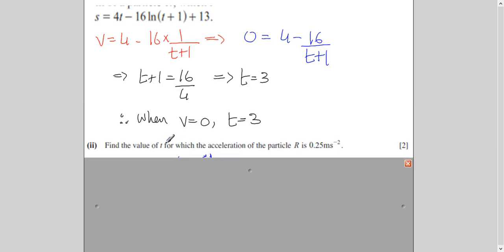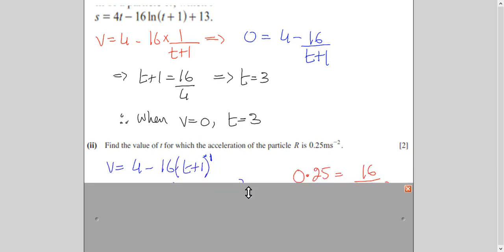Next part of the question is saying find the value of t for which the acceleration of the particle is 0.25. Now it means we need to find the acceleration equation. So this velocity equation we will differentiate one more time, right? And I'm taking it up in the numerator.